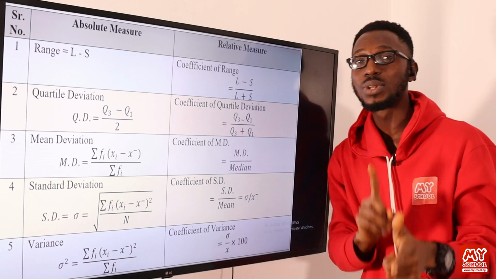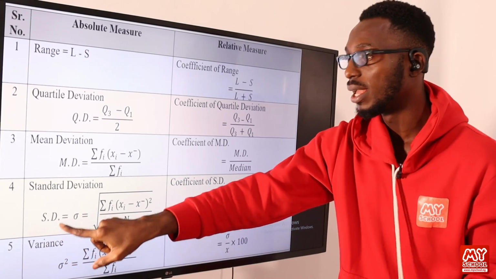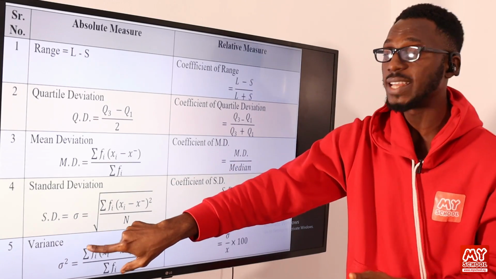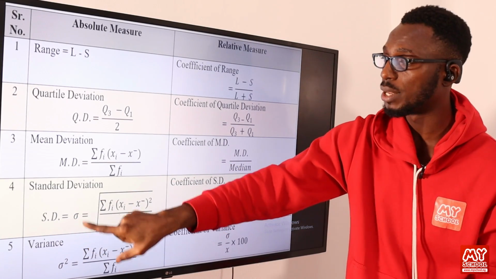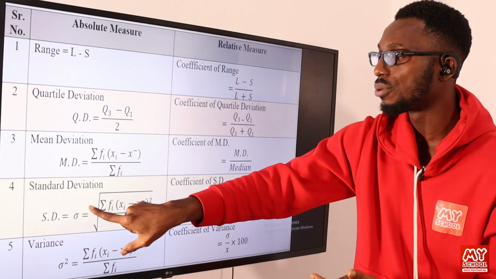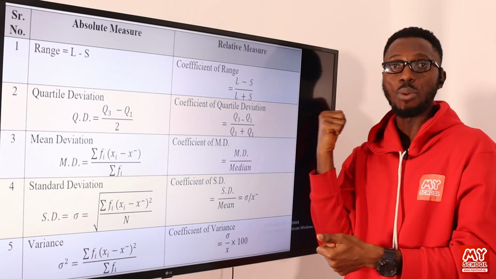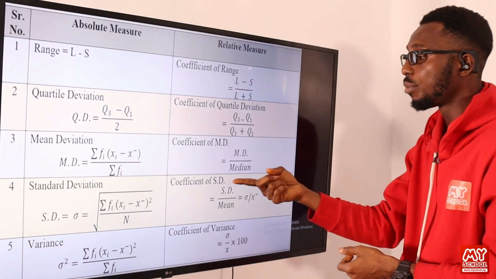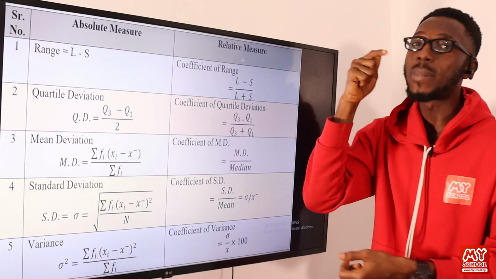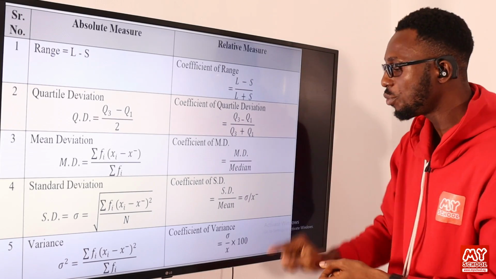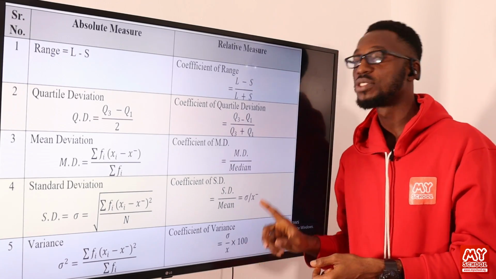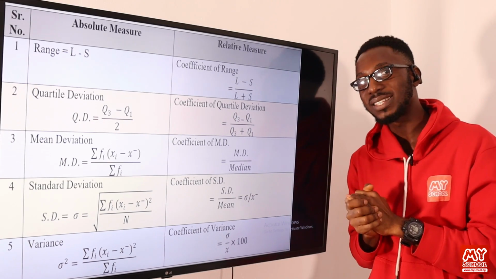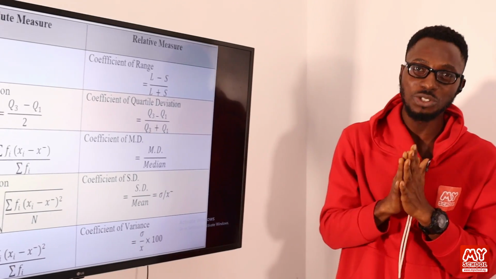On a normal day, you produce your standard deviation by finding the square root of your variance. Or to put it in another way, your standard deviation is the square root of your variance. But when it comes to the coefficient of dispersion, whatever you have gotten for your coefficient of standard deviation, you multiply it by 100 to give you your coefficient of variation. So right here, we've come to the end of the introductory part regarding measures of dispersion.